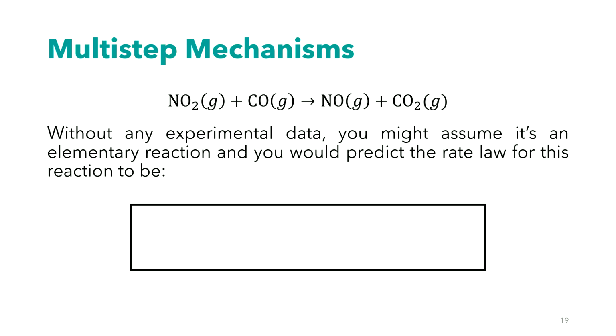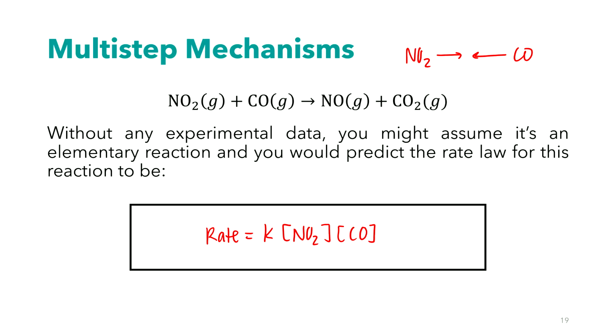If you assume that, you would say, okay, I think the rate law should be K times NO2 times CO. You would be thinking, hey, for this thing to happen, all I'm doing is waiting for an NO2 molecule to hit a CO molecule. And once they hit, the reaction proceeds. That's what that rate law would suggest.